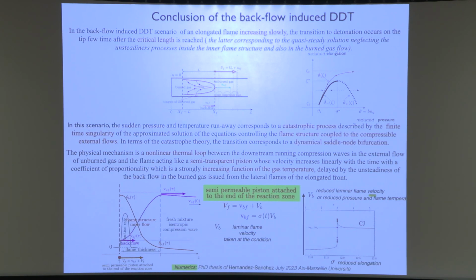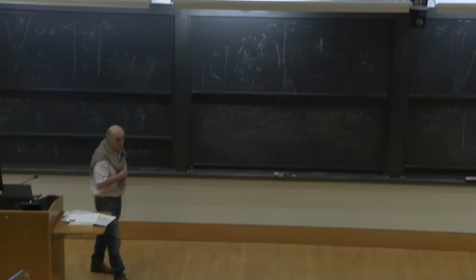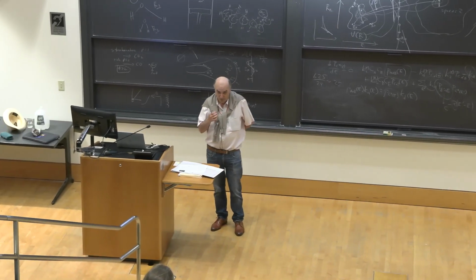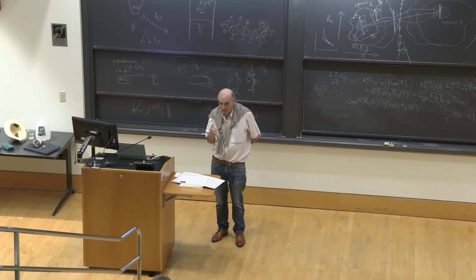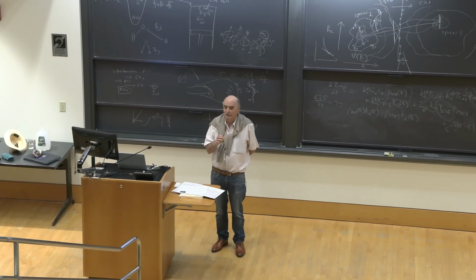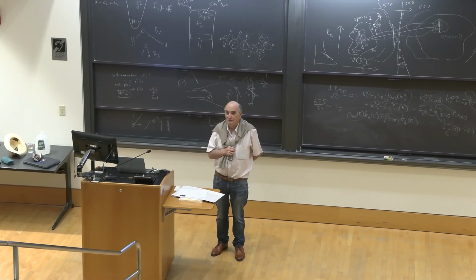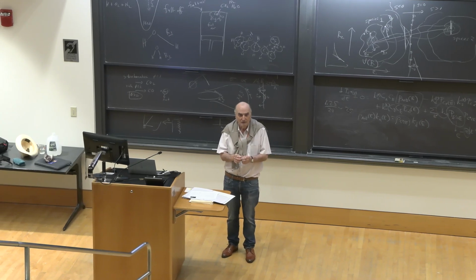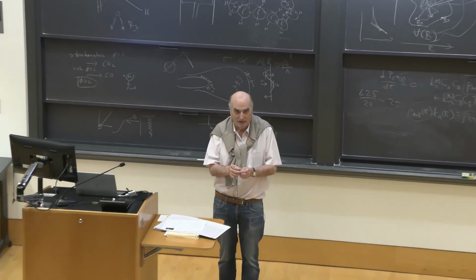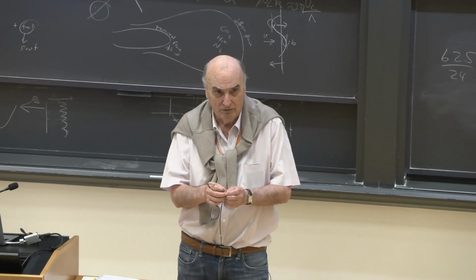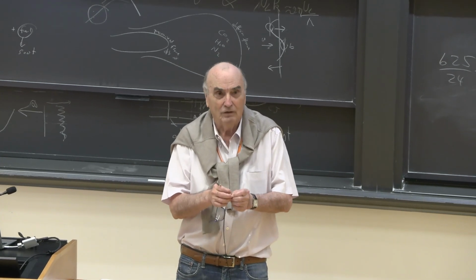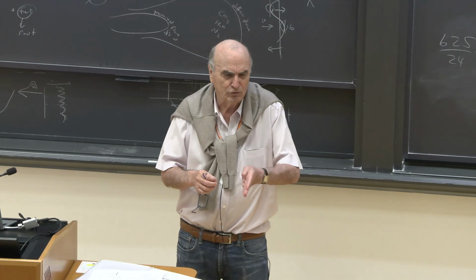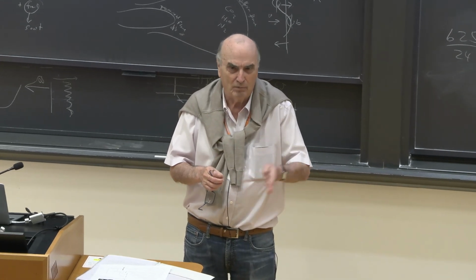Okay, this is good, but you would like to have a better insight into how the detonation is built. That is, you have to create a shock inside the flame structure, and this shock has to be transformed into a detonation. As soon as the shock is sufficiently strong, there is no problem.